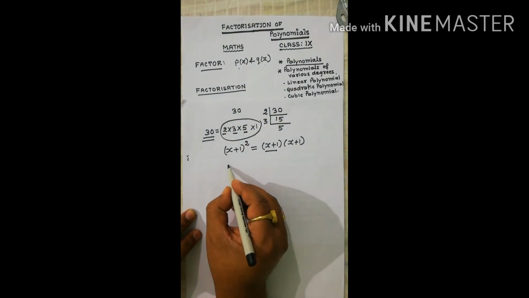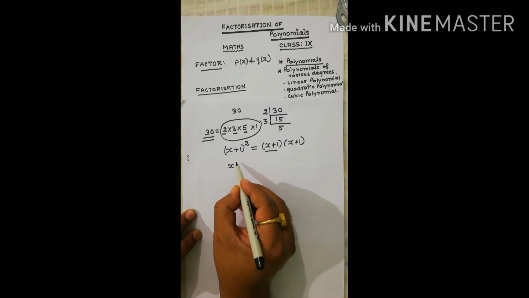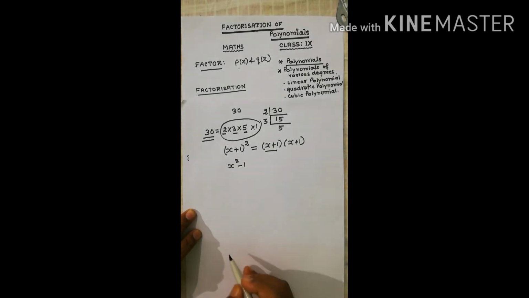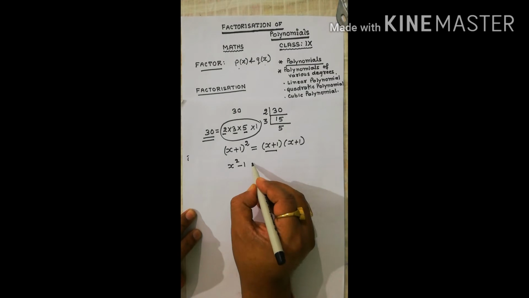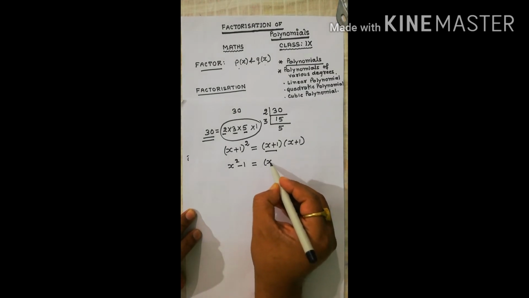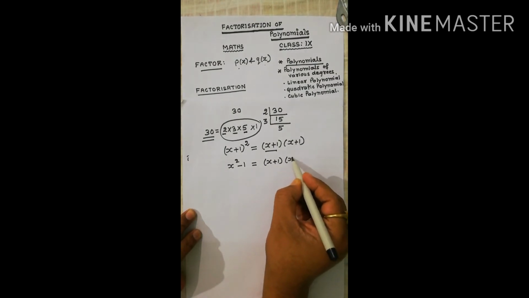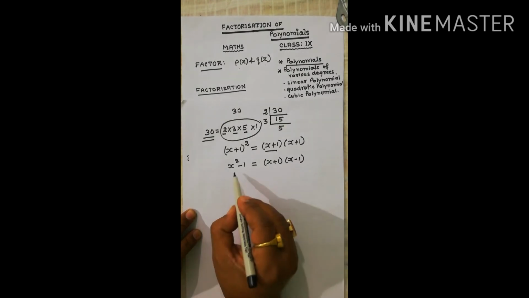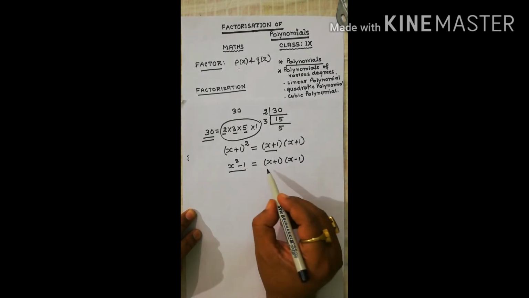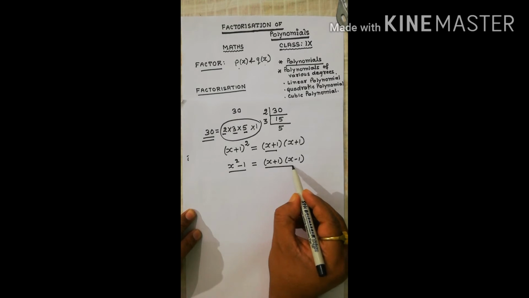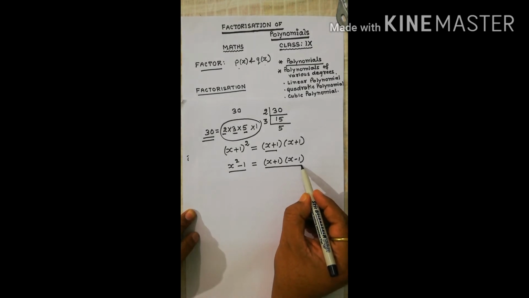For example, x square minus 1. x square minus 1 can be written as (x plus 1) into (x minus 1). If you know the formula of x square minus 1, we are getting (x plus 1) into (x minus 1).